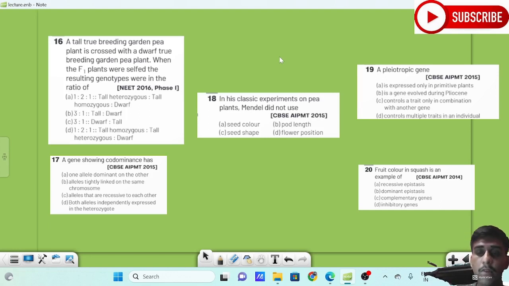A good example of pleiotropy, I am saying it once again, I think this is the 3rd time I am repeating. A good example of the pleiotropy mechanism is an autosomal recessive disease. What is an autosomal recessive disease? Phenylketonuria. What is phenylketonuria?